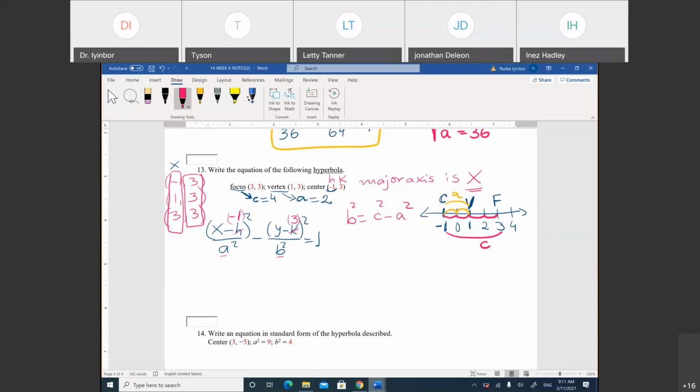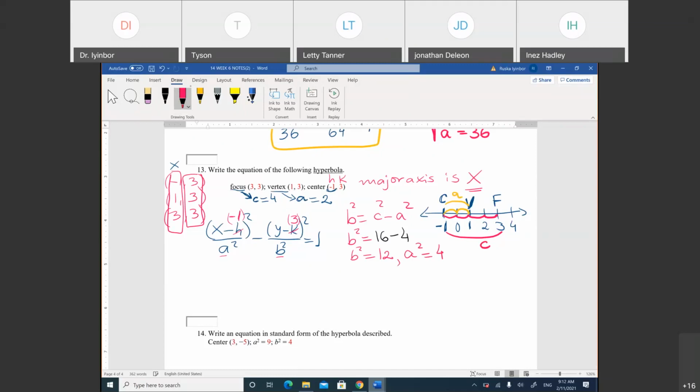So B squared is gonna be, what is C squared? 4 times 4 is 16, minus 2 times 2 is 4. So you get B squared is 12. And now what is A squared? A squared is what? 4, that's right.